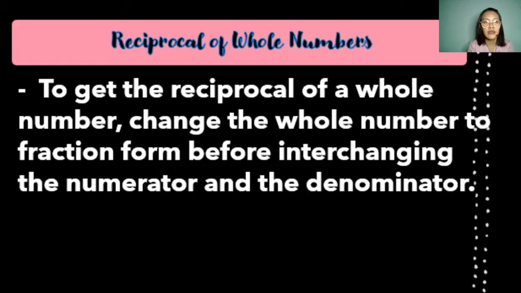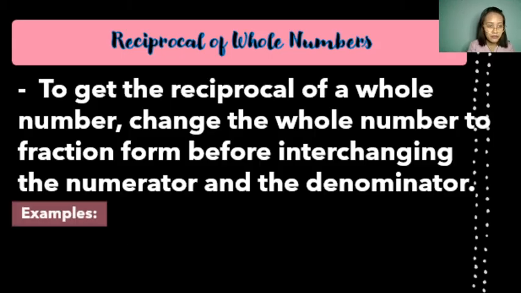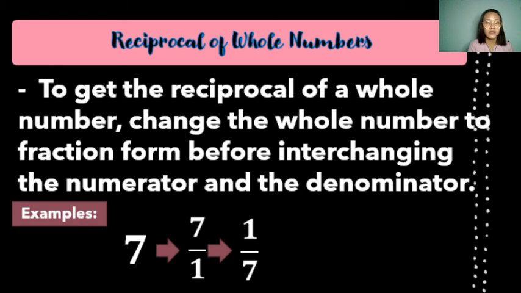After getting the fraction form of the whole number, interchange the numerator and the denominator para makuha natin ang reciprocal. Let's say, we have 7. So, fractional form niya is 7/1. And then, para makuha ang reciprocal, i-interchange lang natin. Si numerator magiging denominator, si denominator magiging numerator. So, that is 1/7. Ito po ay applicable sa lahat ng whole number, mapamaliit man siya or mapamalaking whole number.